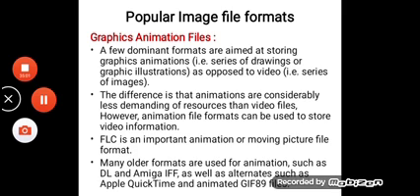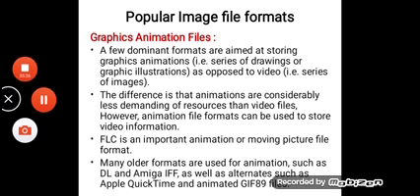So there are n number of images. Now when we talk about different color standards or different CCIR standards, in that a number of images are flipped within a certain span of time, and that results in the continuity of images which is termed as a video. But there are differences between graphic animation and video.